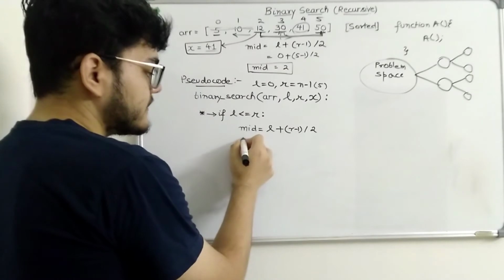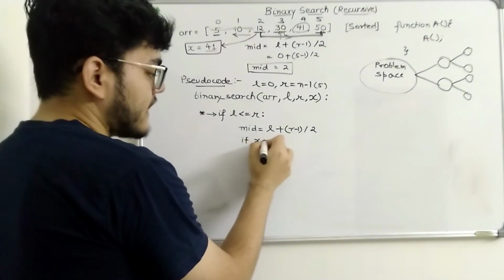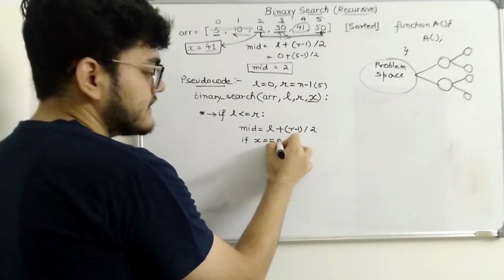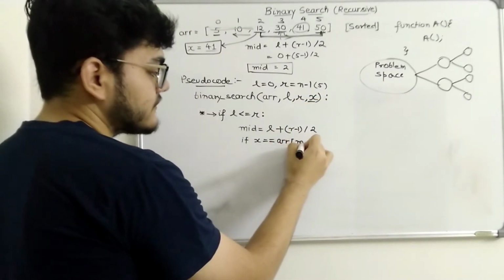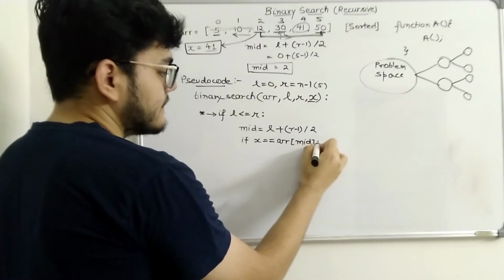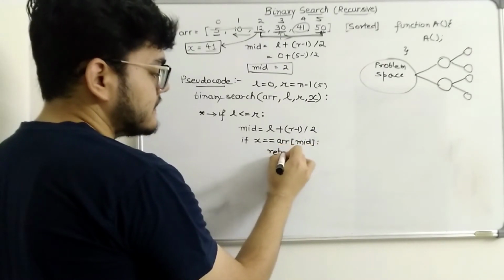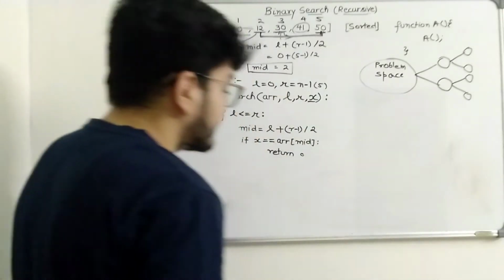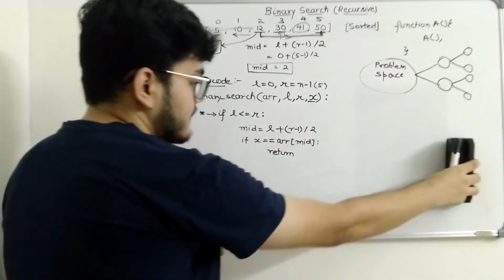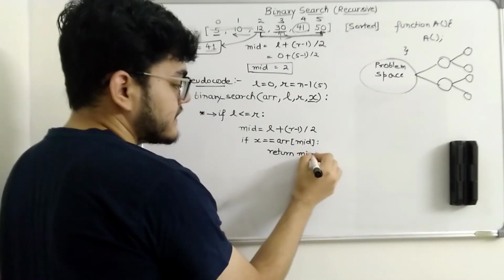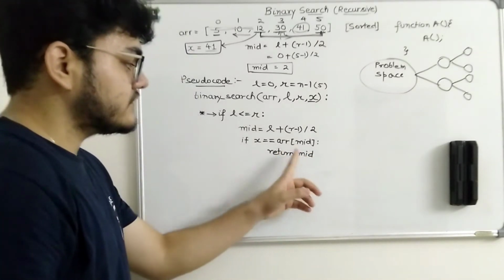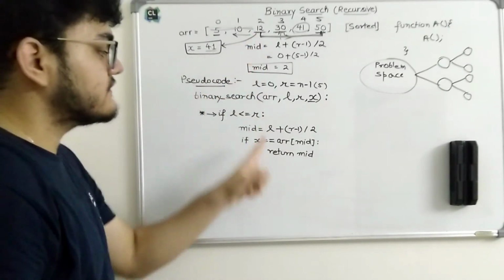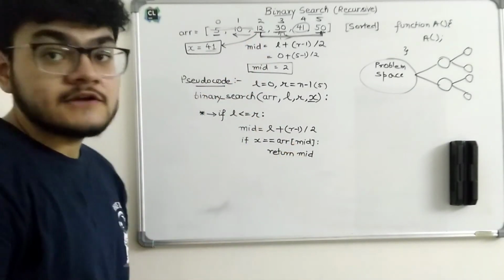Now I am going to say that if the value of x, which is the element we want to search for, is equal to the element at the middle position, then we are going to simply return the middle position, because at this position we have found the element. So whenever the value of x is equal to this, we are going to return the value of mid.